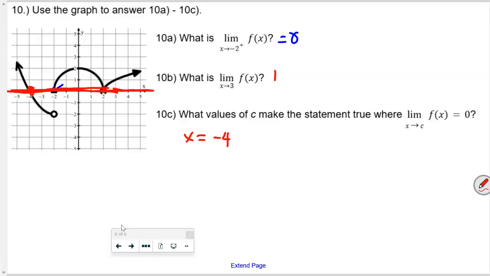Okay. Then we could also say as x approaches -2 from the positive side, that would be another answer, right? And then also what? As x approaches 2 from both sides. Got it? Okay.